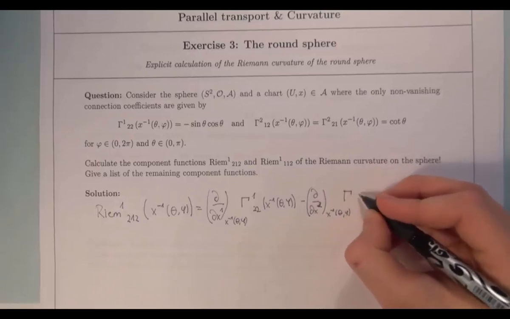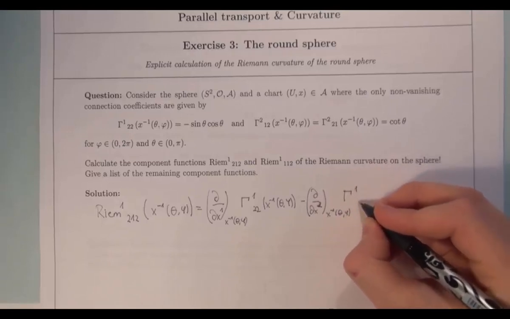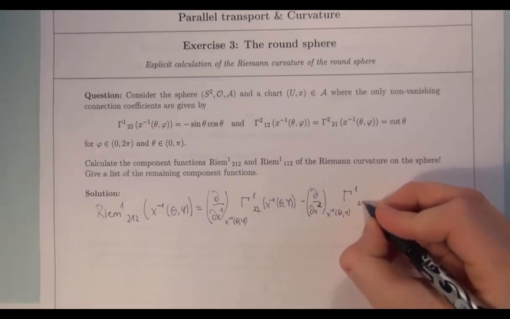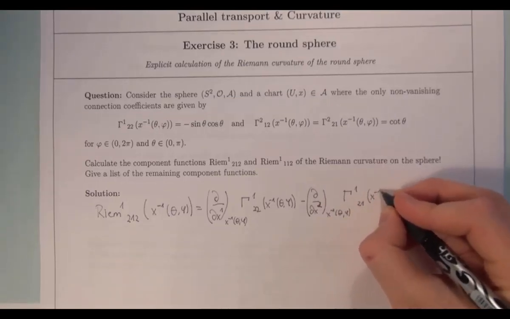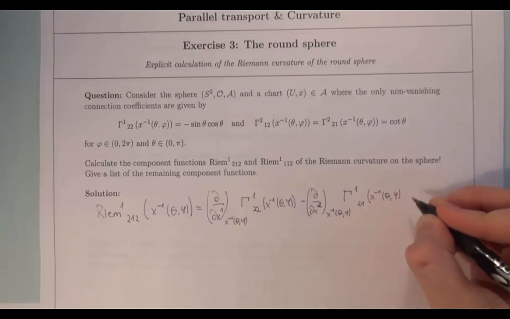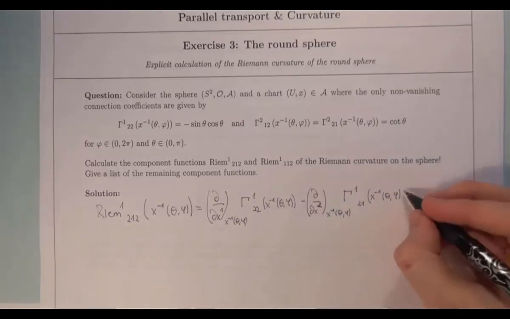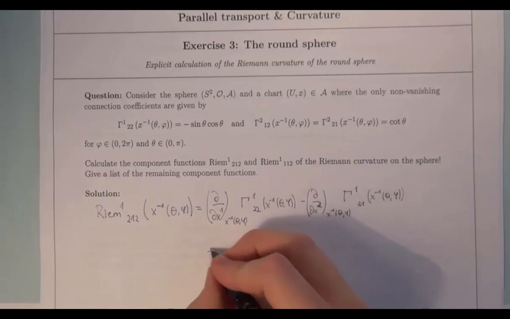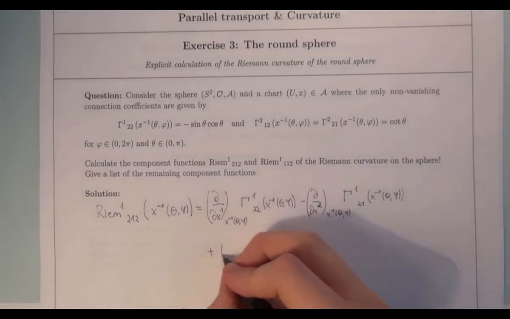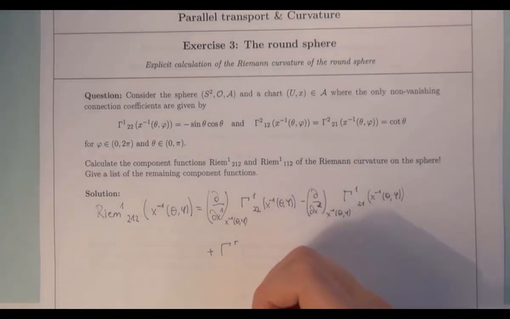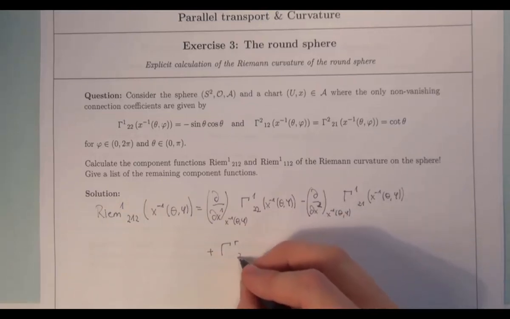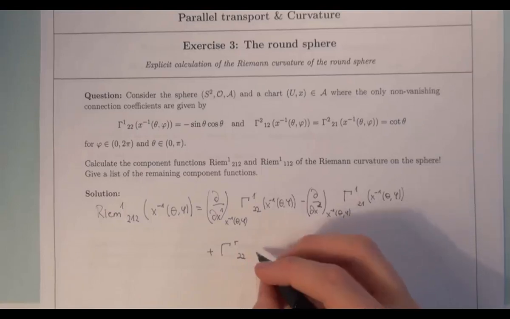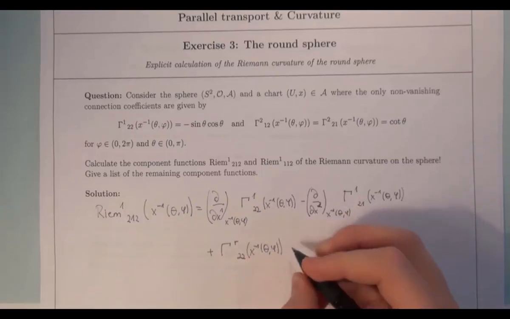And we get that this is gamma 1, 2, 1, also of x inverse of theta and phi. Then we get plus, again a gamma, the r has to stay for the moment, and we have 2, 2 here, evaluated at x inverse of theta and phi.